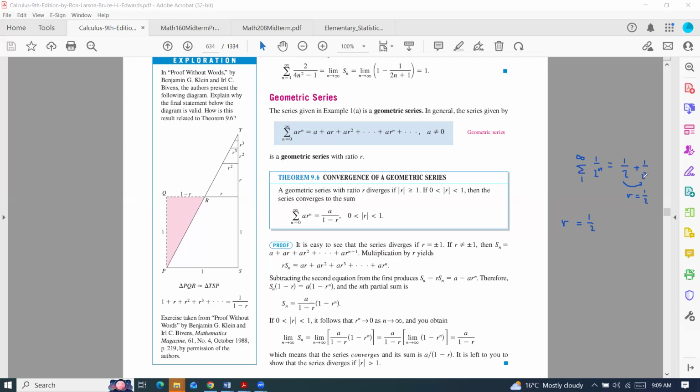So that's how my denominator gets squared. If I multiply by another 1/2, it'll be 1/2 cubed for the next term, so my denominator is raised to the power of 3, and so on. So this is a so-called geometric series.